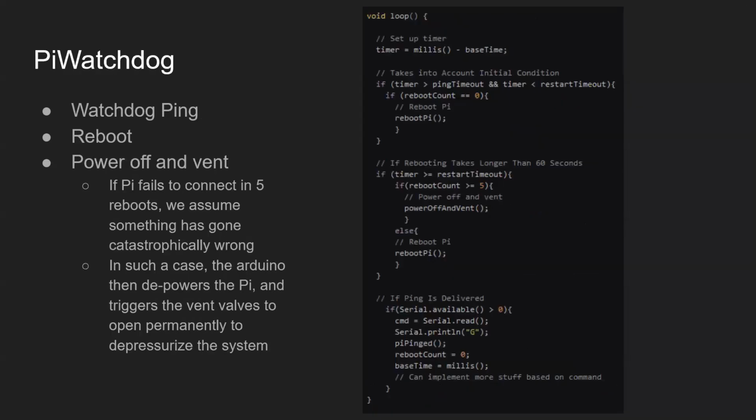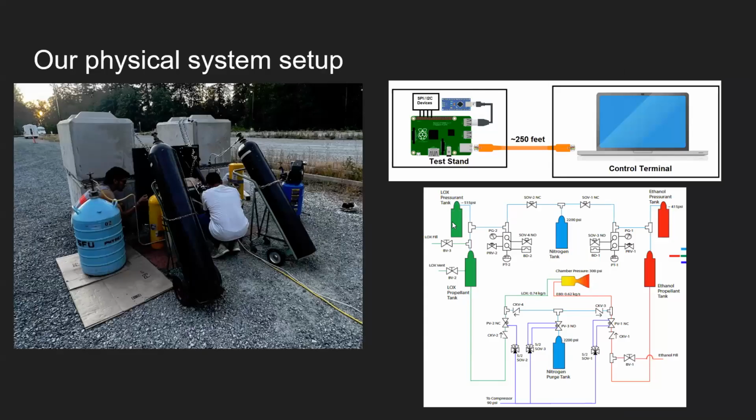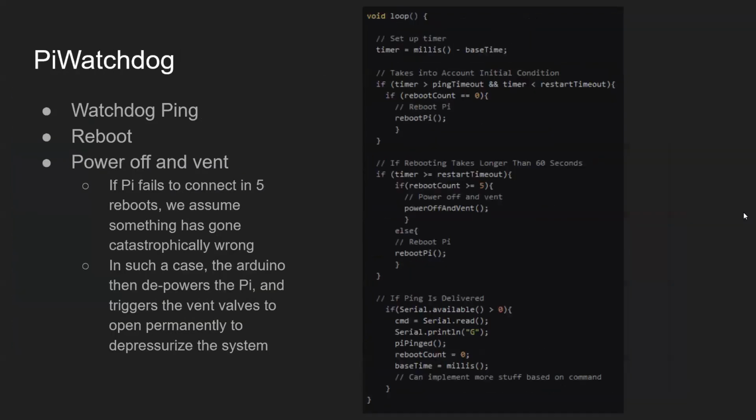Okay, Pi Watchdog. I'll try to be quick with this. This is actually Arduino code, and it's run on our peripheral Arduino. Again, the Raspberry Pi and Arduino Watchdog talk to each other through USB. It has a timer.